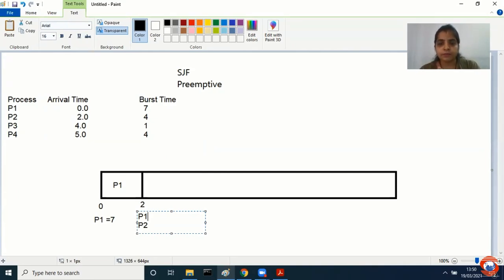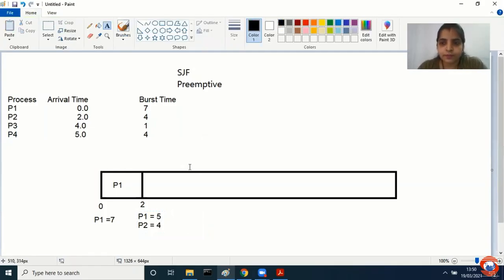Do you all agree? अब प्रोसेस P1 का 7 बर्स्ट टाइम था, उसमें से P1 ने 2 साइकिल्स कंप्लीट किए. व्हाट इज द रिमेनिंग टाइम फॉर प्रोसेस P1? 5. Process P2 has just arrived. What is the burst time for process P2? 4. यहां तक समझ में आया?